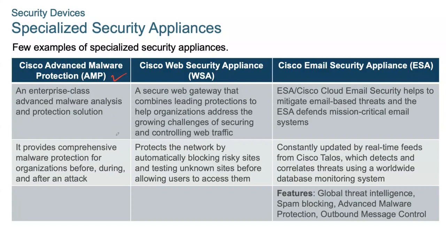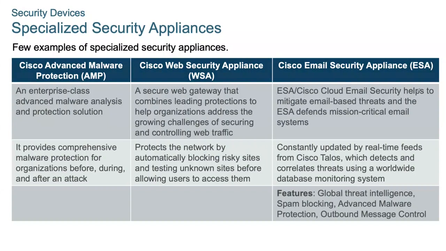They are configured to detect any malware traffic getting inside the network or going outside the network. And there are web security appliances, and the third one is email security appliances.